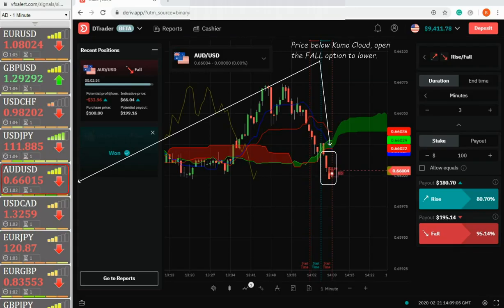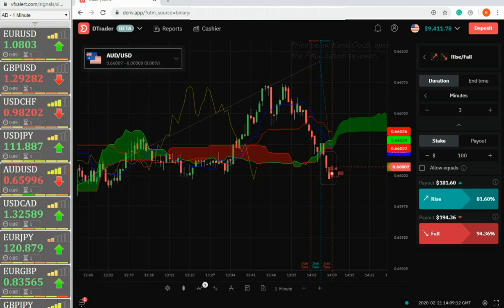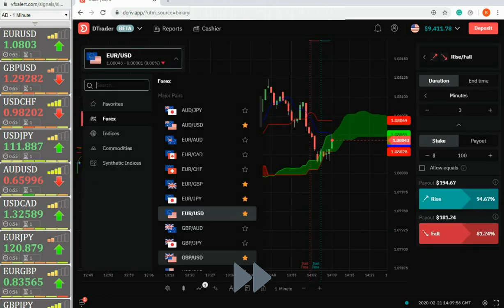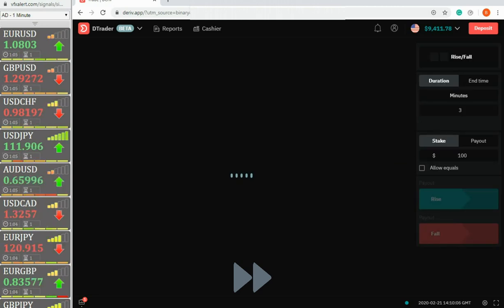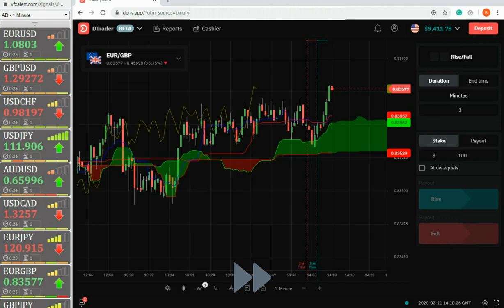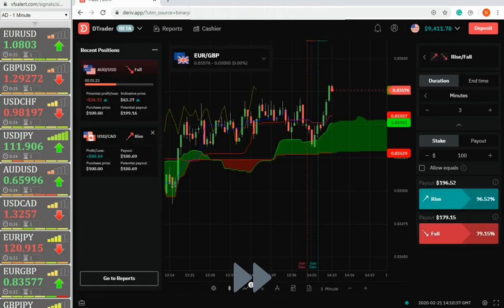Australian dollar. Price below Kumo cloud, open the fall option. Ichimoku in the classic combination, 9, 26, 52, gives reliable forecasts for a half week cycle, but when strong fundamental events occur, the logic breaks, false signals appear.